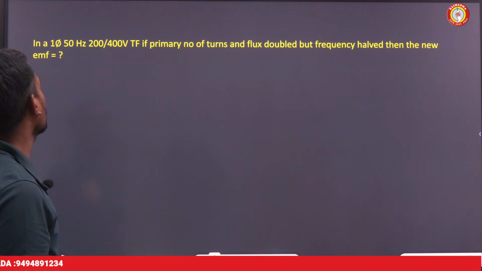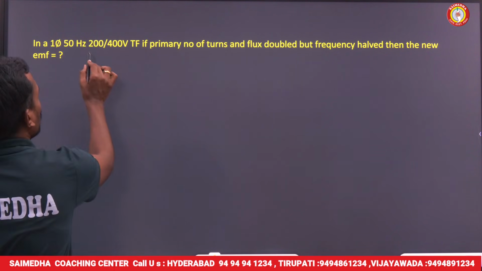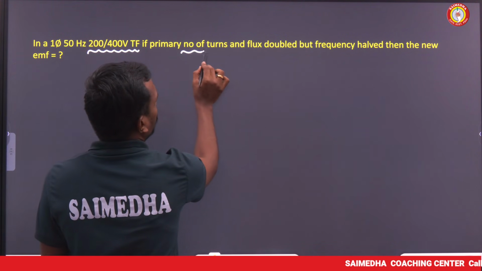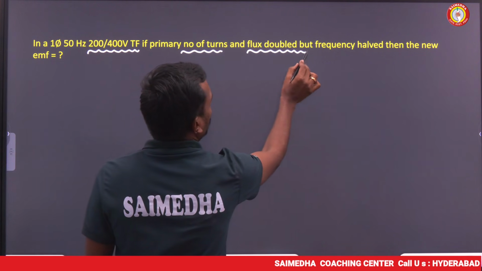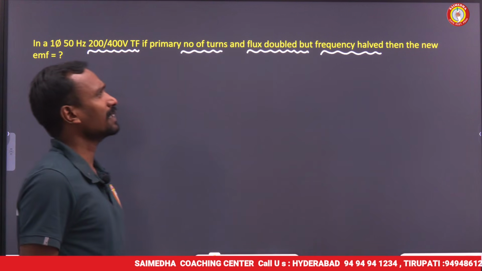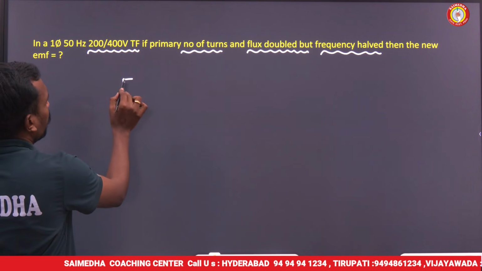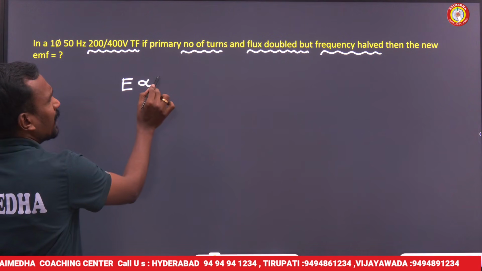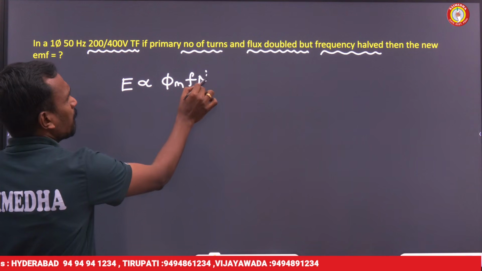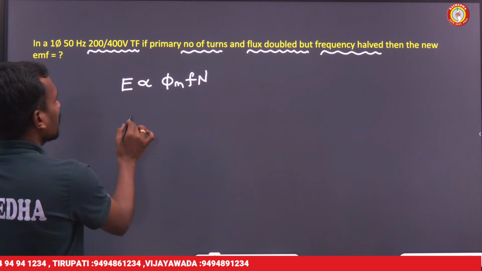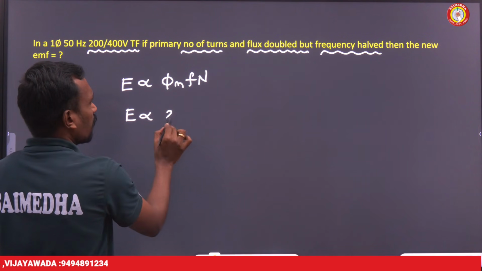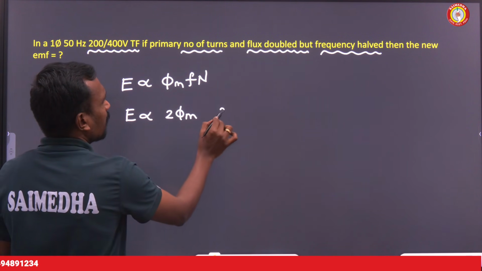Next question. In a single phase 50 Hz 200 by 400 volts transformer, if the primary number of turns and flux are doubled but the frequency is halved, then what is the new EMF? EMF is directly proportional to flux, frequency and number of turns.